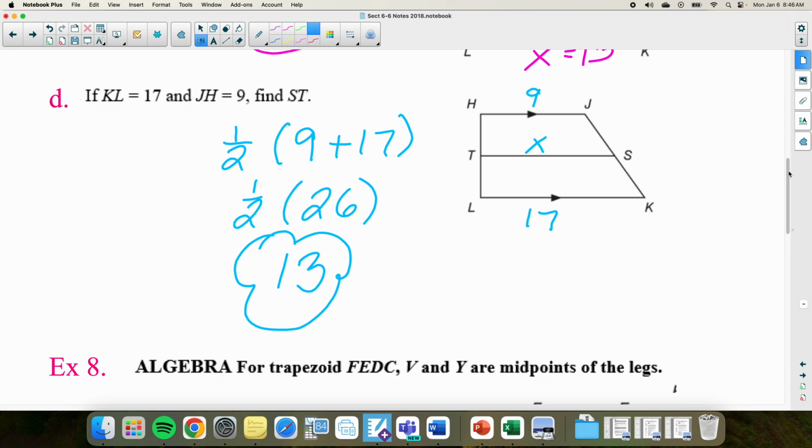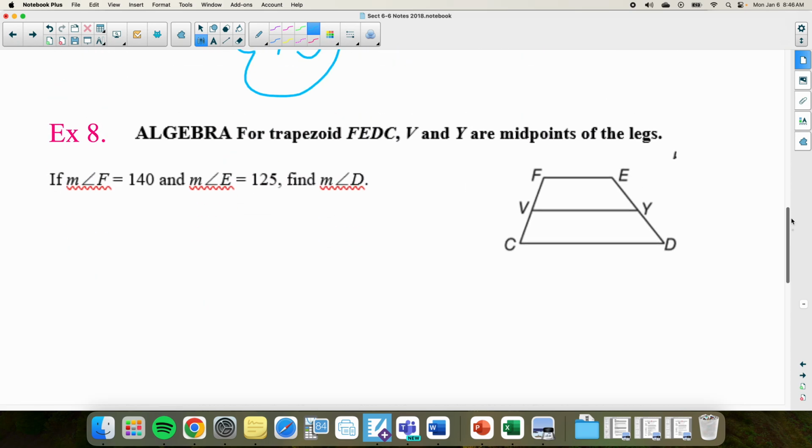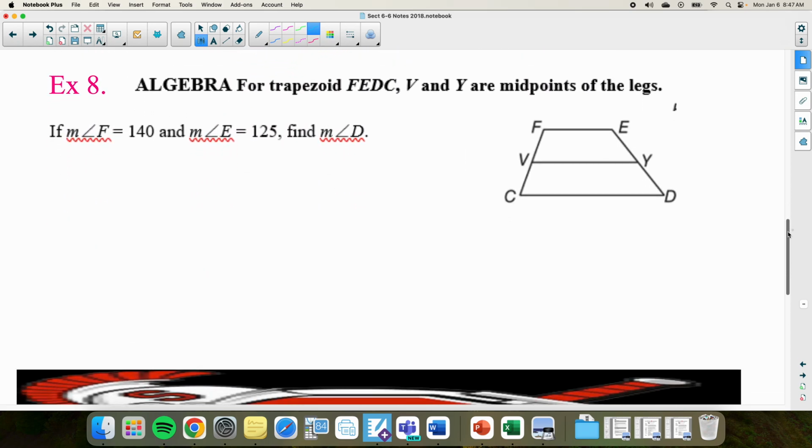Okay. And then our last one for today, this is just a regular trapezoid. So what that means is these two are parallel, okay? And they're telling us that angle F is 140, and they are telling us that angle E is 125, and they want angle D. Do you guys remember how to do that one?